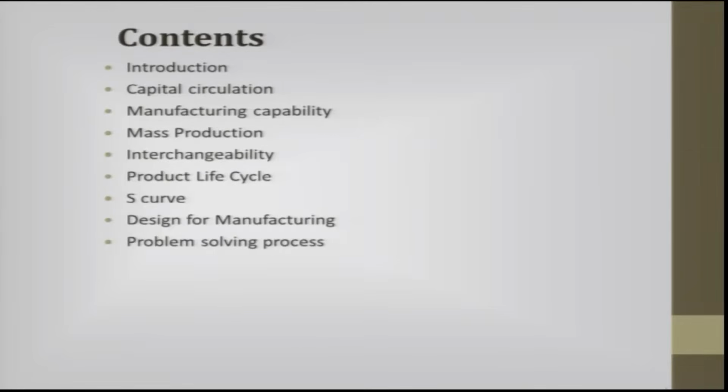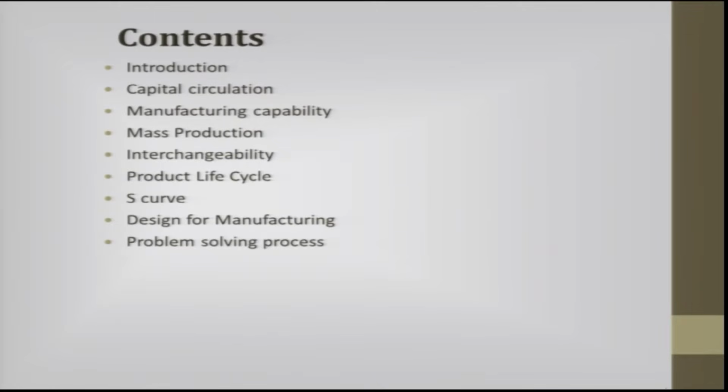So, today we will move to lecture 2, wherein we talk some more fundamentals of manufacturing, keeping at the back of our mind all our focus towards product development. In this slide we will have an introduction, then capital circulation, which is very important, because when we try to do a product you should also understand what is the capital involved, how do I get it out.